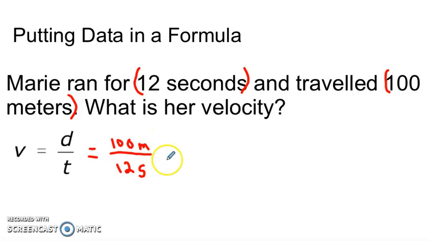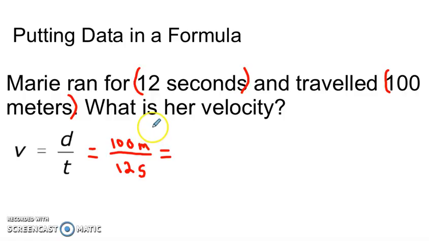That way, whatever answer you come up with is going to be in meters per second. I don't have a calculator on my screen right now, but I can go to my phone and quickly pull up a calculator. There will be many instances just such as this where you can use a calculator to get the answer, but the calculator won't tell you what the units are.